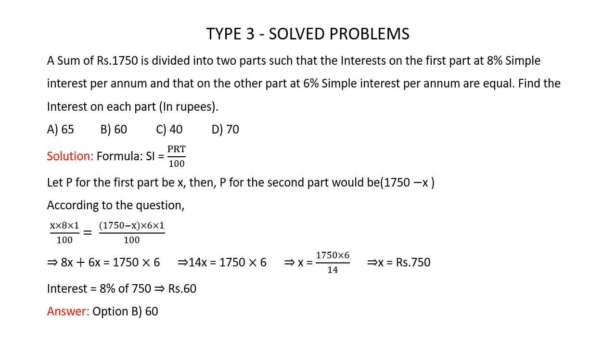But we do not know what is the principal for the first part and what is the principal for the second part. Now it's given that a sum of rupees 1,750 is divided into two parts.